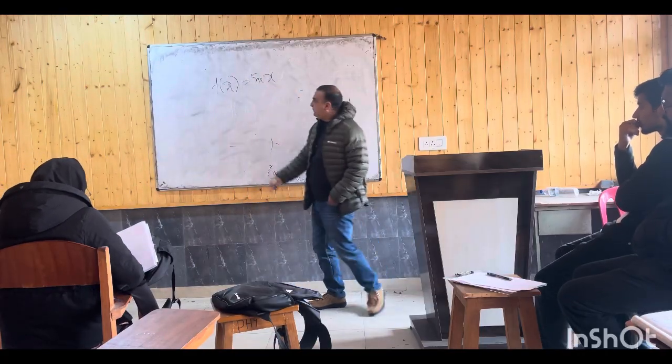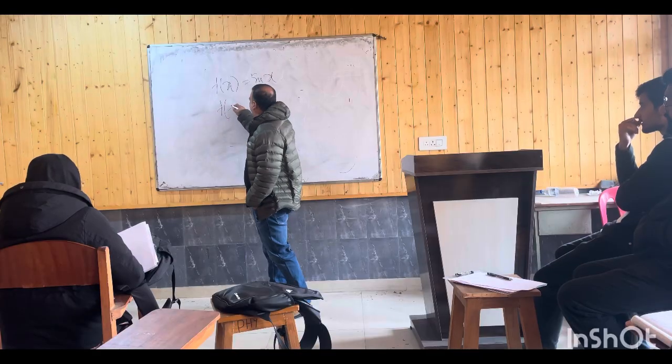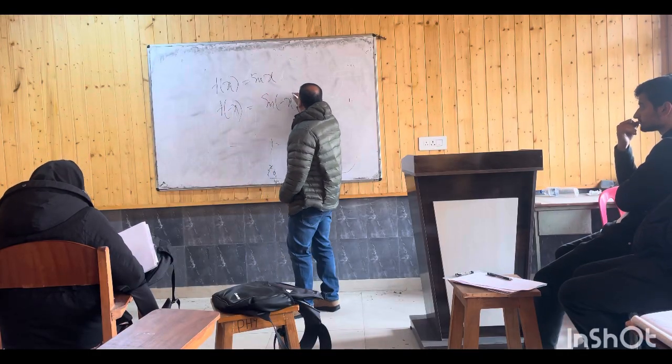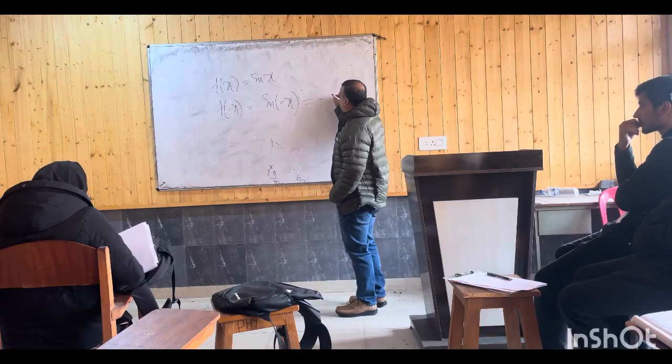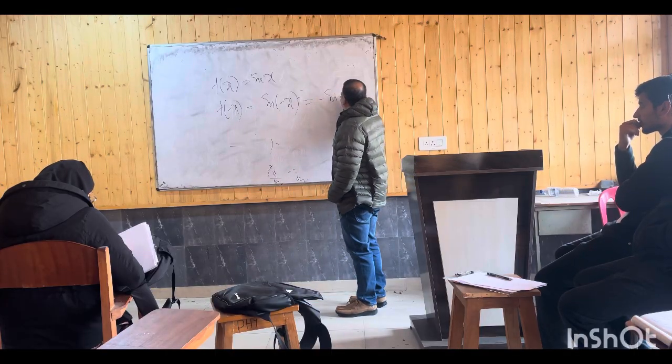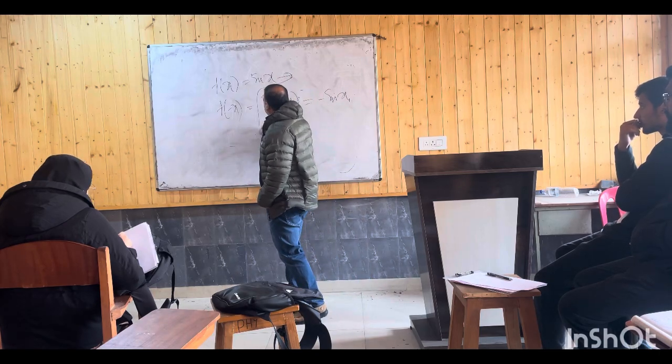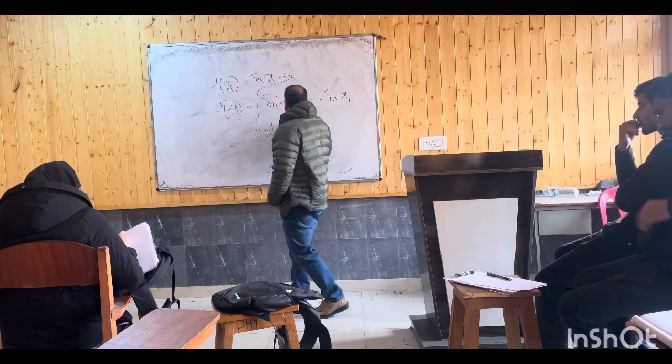So what will be f of minus x? It will be sine of minus x. But here you can't kill the negative sign, it will stay. So I will say that sine of x is an odd function. Clear?